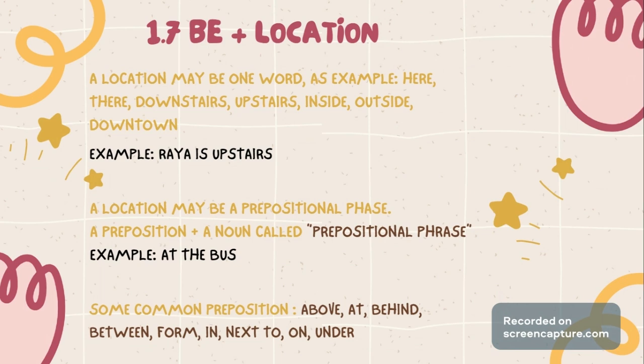A location may be a prepositional phrase. A preposition plus a noun is called a prepositional phrase. Example: at the bus stop. Some common prepositions we have are above, at, behind, between, for, in, next to, on, and under.